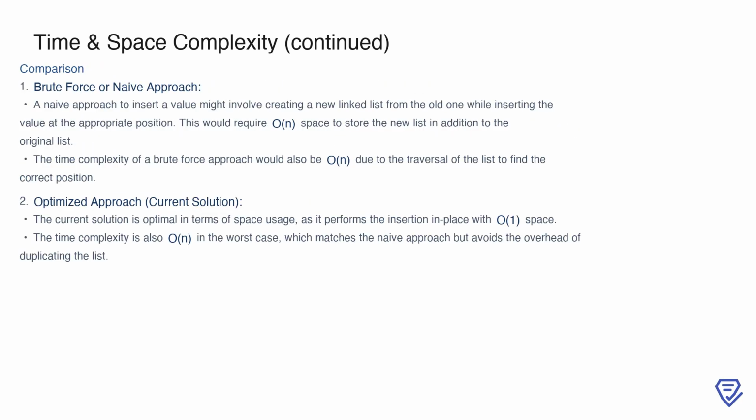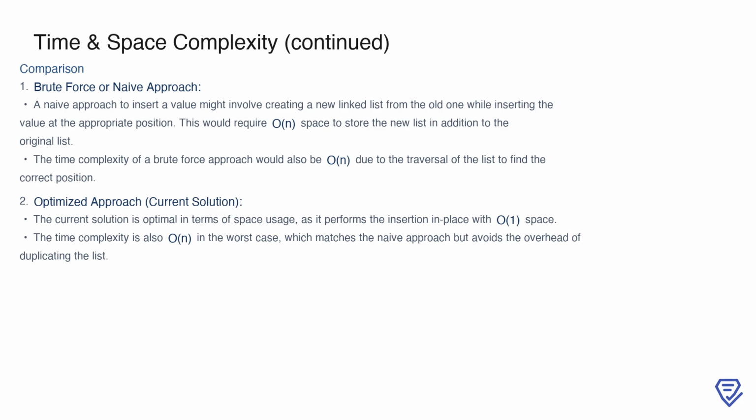To put this into perspective, let's compare our optimized approach with a brute force or naive solution. In a naive approach, we might create an entirely new linked list while inserting the value at the correct position. This would require O(n) additional space to store the new list, effectively doubling the memory usage.